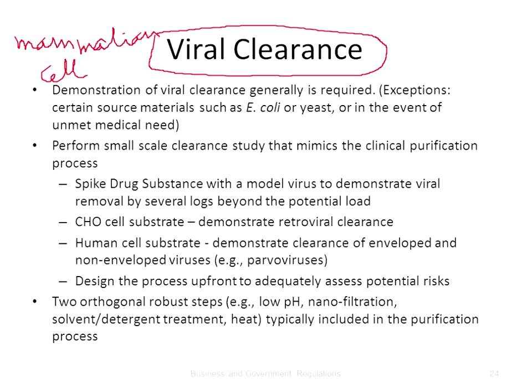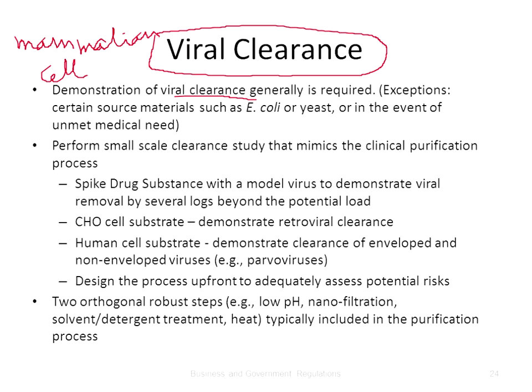So basically, what you have to do is that you have to show that any virus that may be in there, so you have to assume that there is virus in your product, and that your purification process is actually doing clearance of the virus, potential viruses.